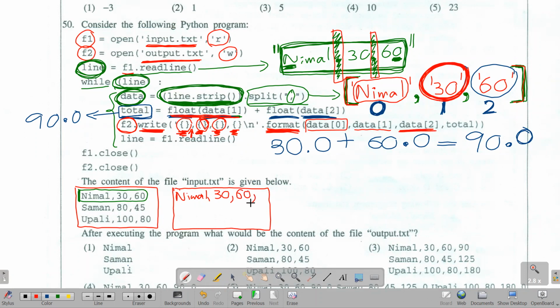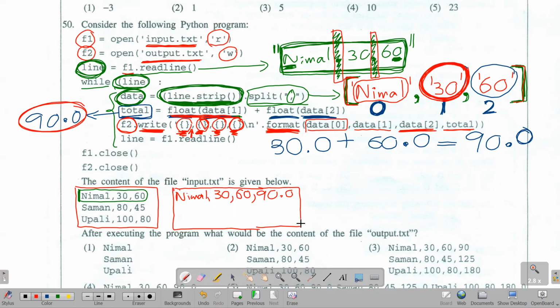And comma, last placeholder goes with total. Total means 90.0. That means here they are going to have 90.0. Right, so that is how the very first line of the output.txt is going to happen.